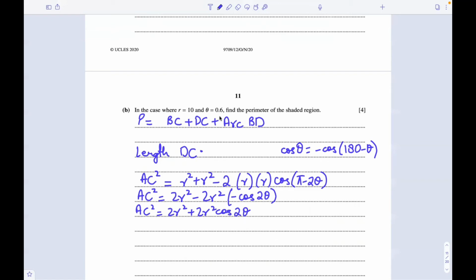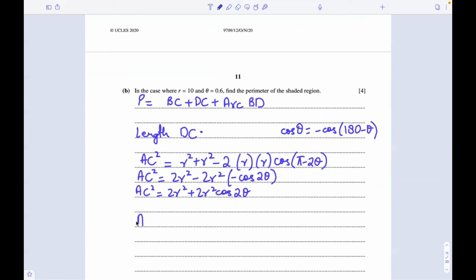Now we have the values of R and theta, we can substitute them. So AC is equal to the square root of 2 times 10 squared plus 2 times 10 squared into cos of 2 times 0.6. Finding this value in the calculator, we have AC equal to 16.506 centimeters, or whatever the unit is.